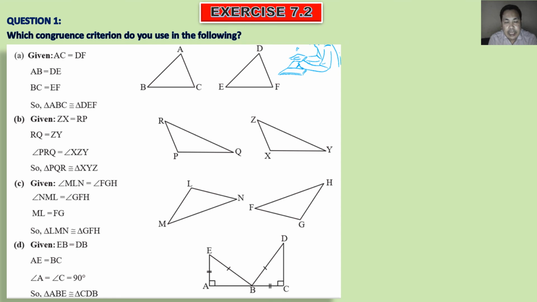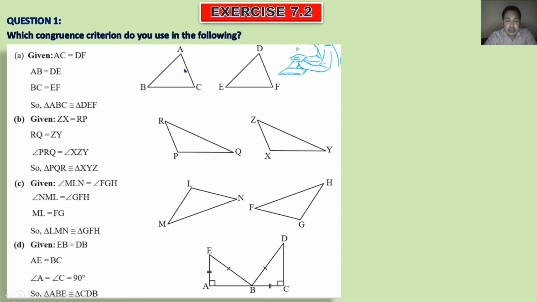In these two triangles it is given that AC is equal to DF, AB is equal to DE, BC is equal to EF. That means all the corresponding sides of a triangle are equal to the corresponding sides of the other triangle.